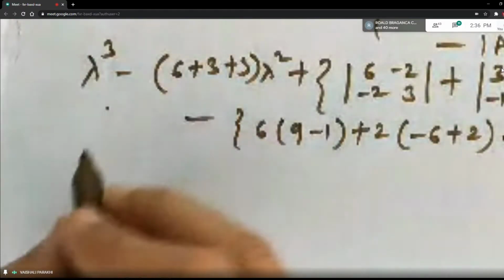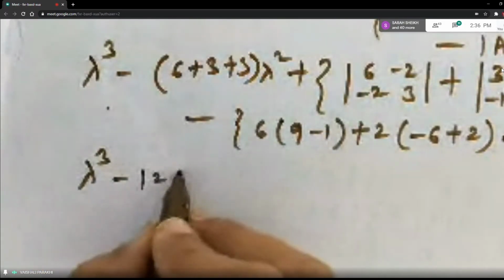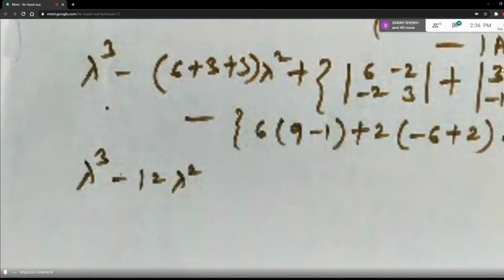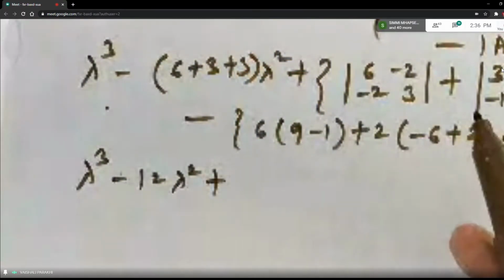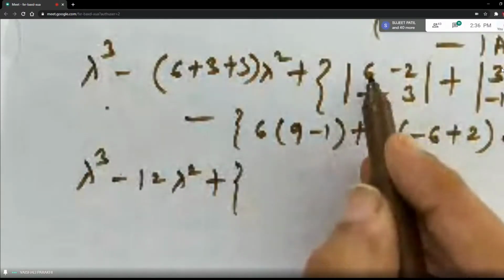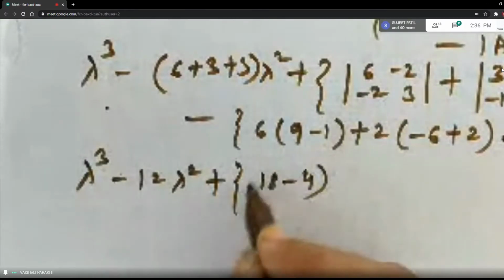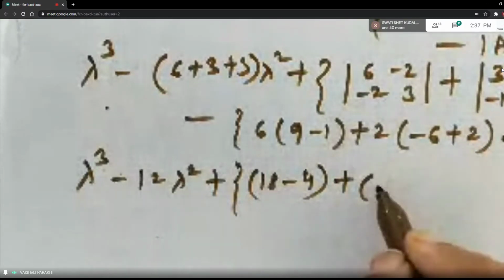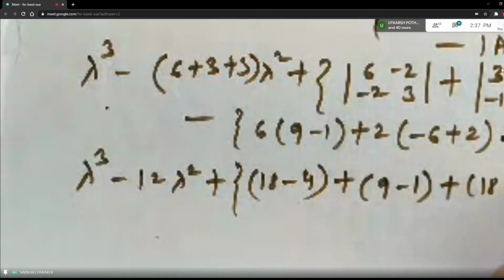This is lambda cube minus 12 lambda square, right? Plus, now how do you solve a 2 by 2 determinant, students? You know this, correct? 6 3s are 18, and minus 2 4s. Plus 3 3s are 9 minus 1. Plus 6 3s are 18 minus 4.